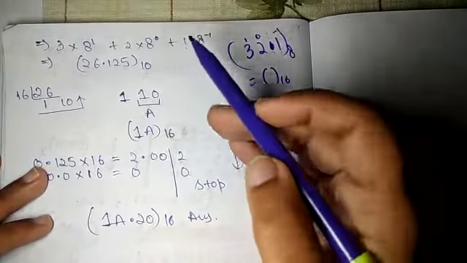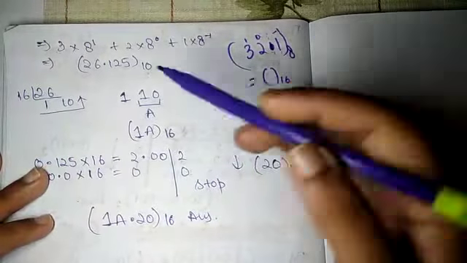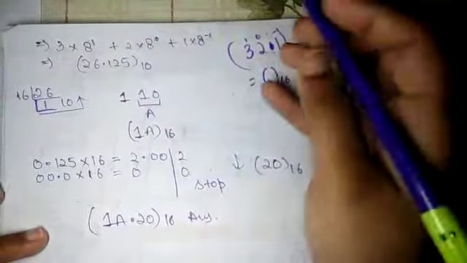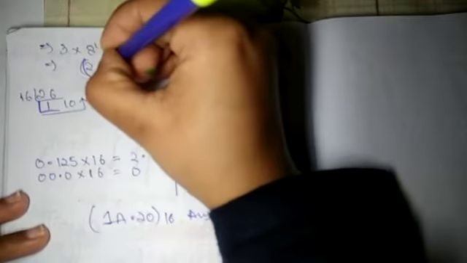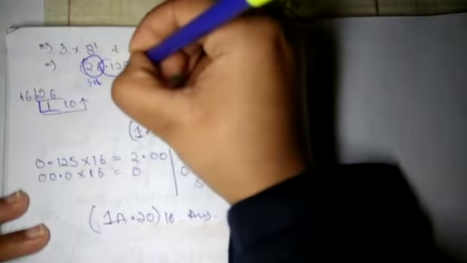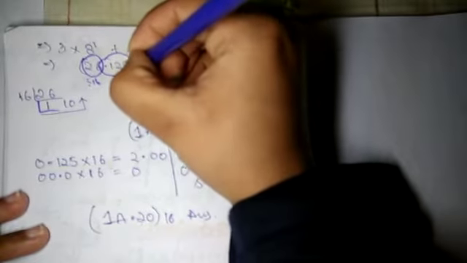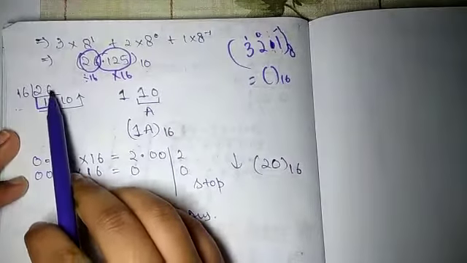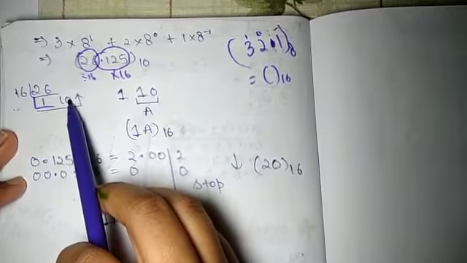Now this decimal has to be converted to the hexadecimal format, that is we have to divide this part by 16 and multiply this part with 16. So 26 divided by 16 is 1 with the remainder of 10.